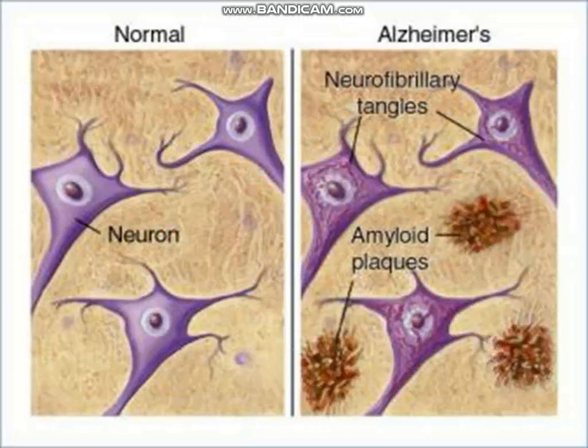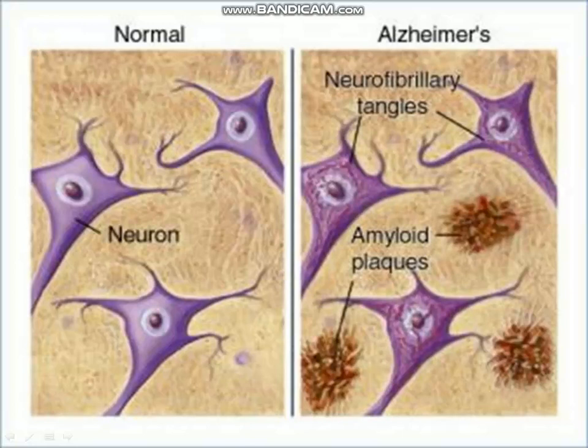This other diagram showing the normal neuron in normal patient, normal individuals, while in Alzheimer's disease there is abnormal formation of intracellular neurofibrillary tangles and extracellular amyloid plaques.